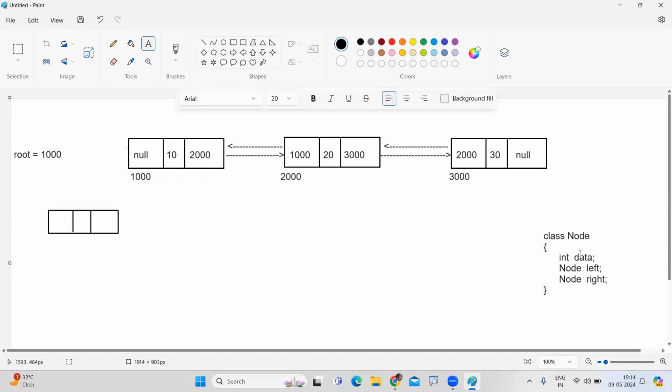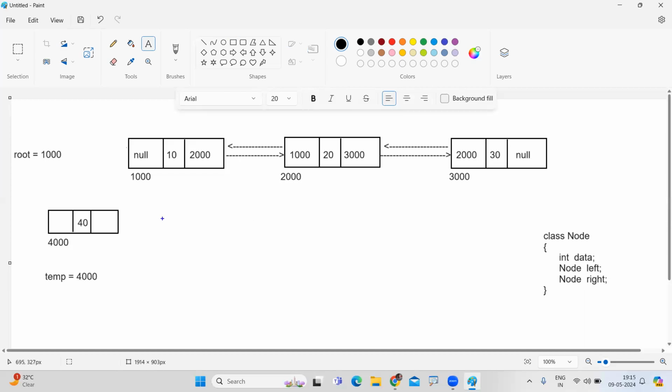Whenever you create an object for this, the node will be created at 4000. Suppose you are collecting it into one temp variable. Store the value, suppose 40, into temp data. Now, a total of 3 connections you have to do.